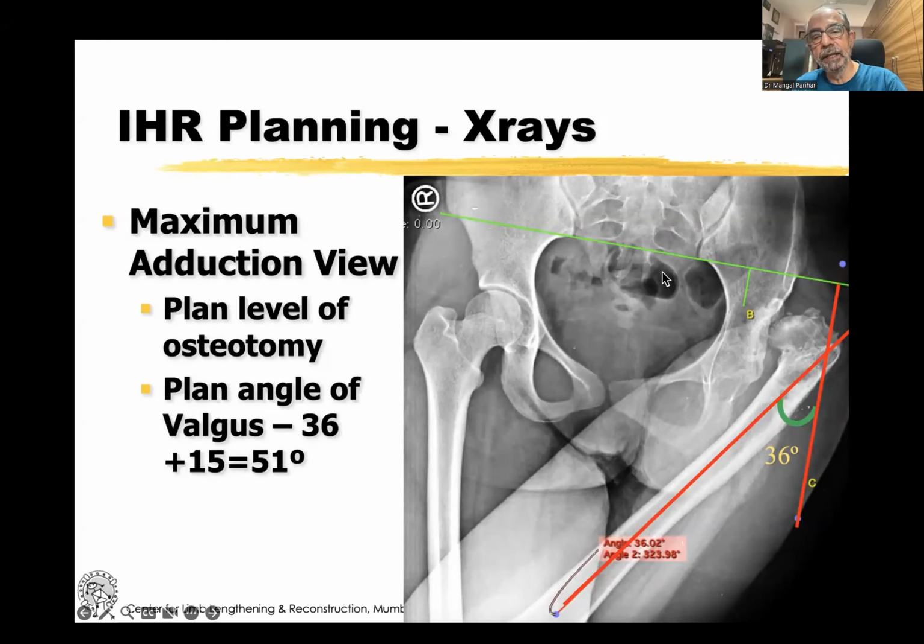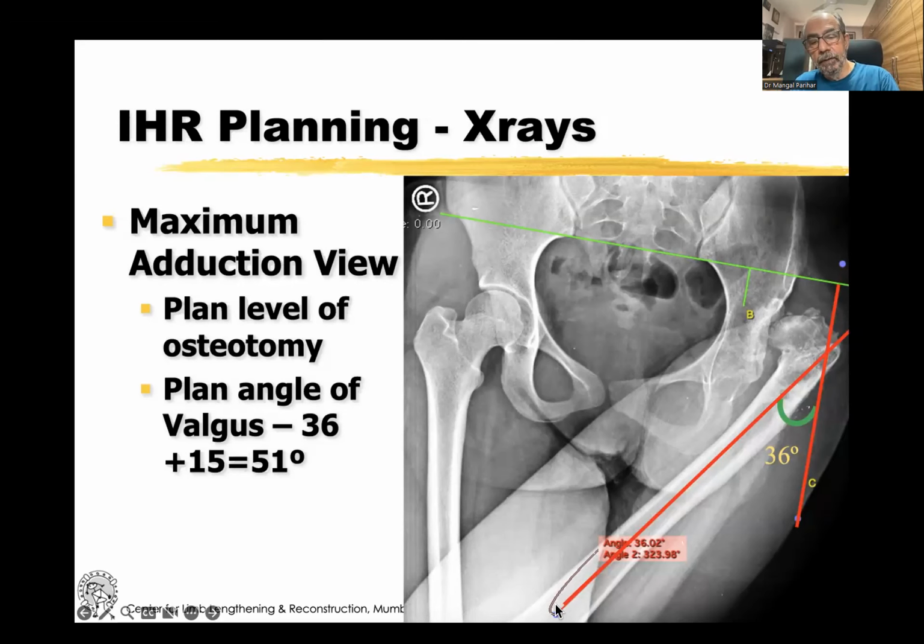So this green line that you see here is the pelvic line, from the inferior portion of the SI joint, a transverse line. So this gives you the line of the pelvis. From there, you drop a vertical line, 90 degrees, the line marked as C over there.